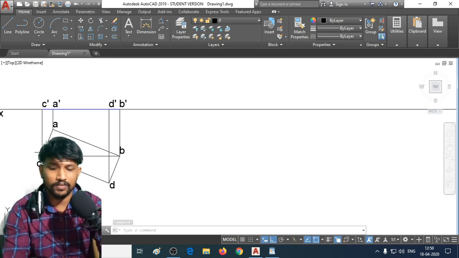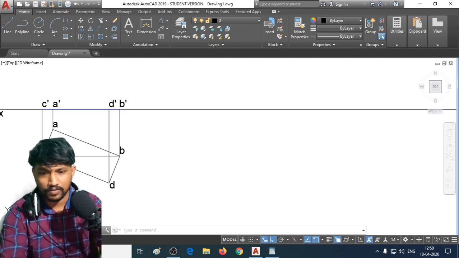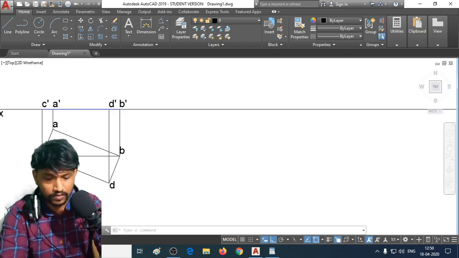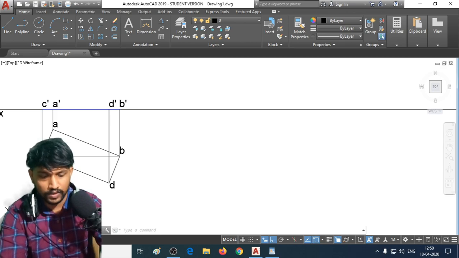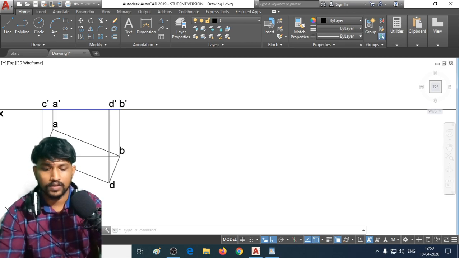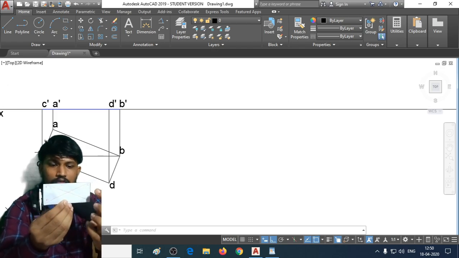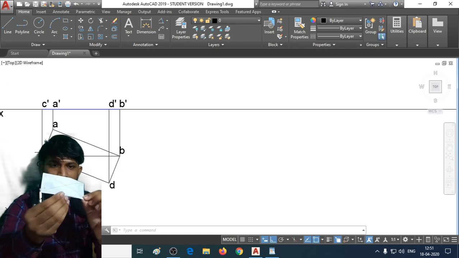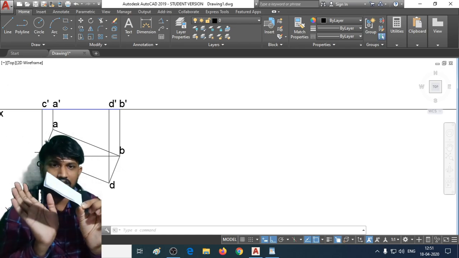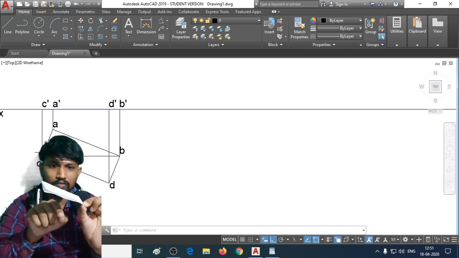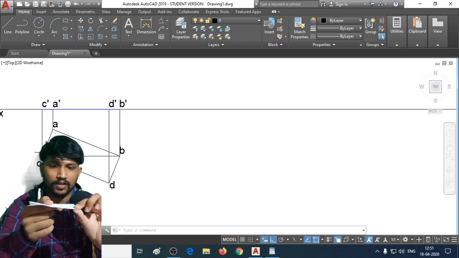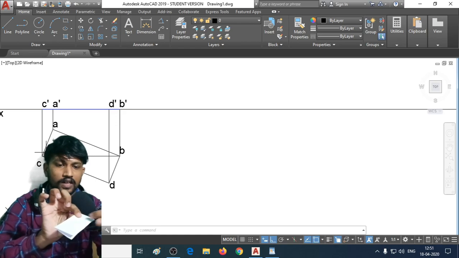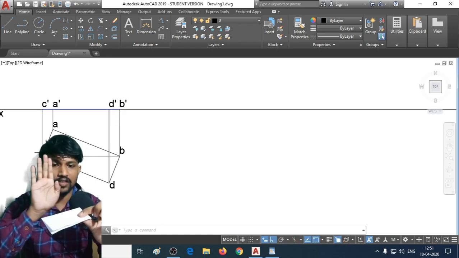If you take A, B, C, D likewise, then we are keeping the C corner on the horizontal plane like this, and at certain this particular diagonal has to be parallel to the vertical plane.